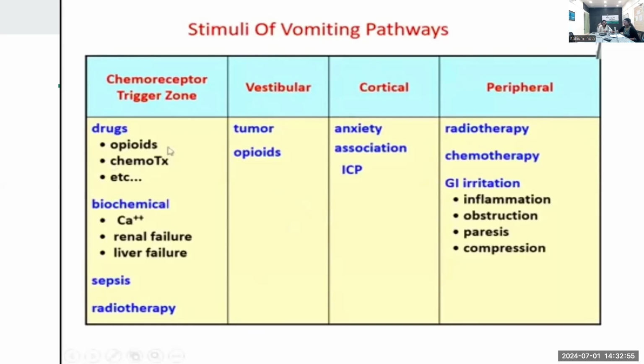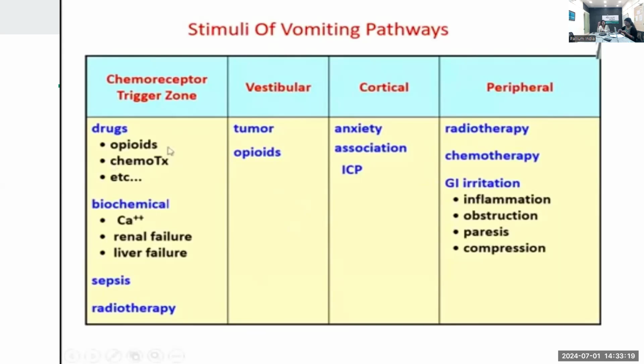Chemoreceptor trigger zone is stimulated by certain things like opioids, chemotherapy. Already we know. Then renal failure, liver failure, hypercalcemia, toxins, and sepsis will all affect the chemoreceptor trigger zone. Also, in the vestibular system, sometimes tumors can affect. Opioids can also stimulate the vestibular system.